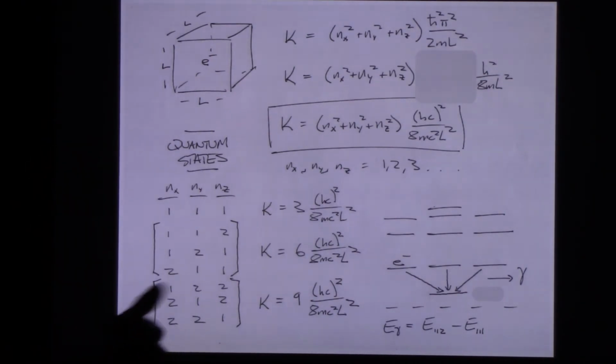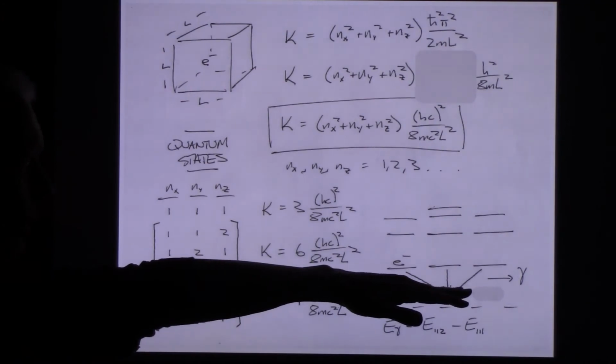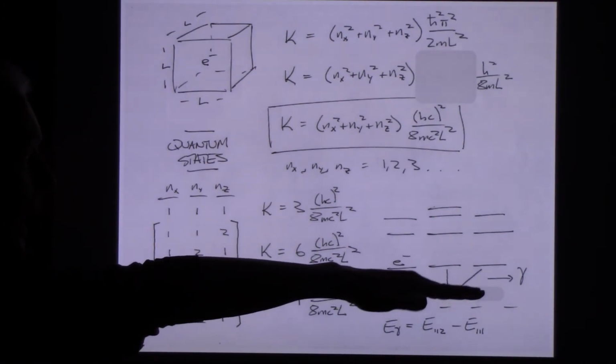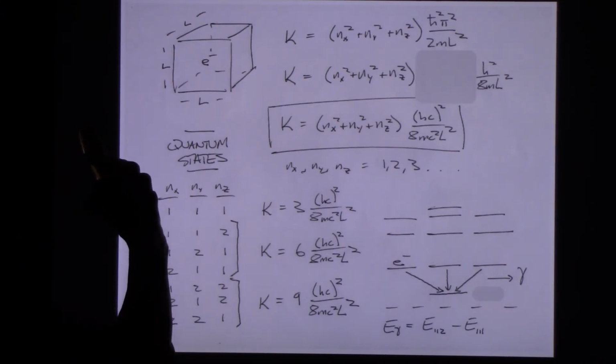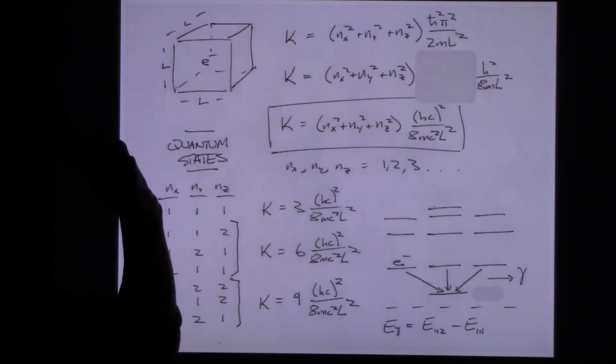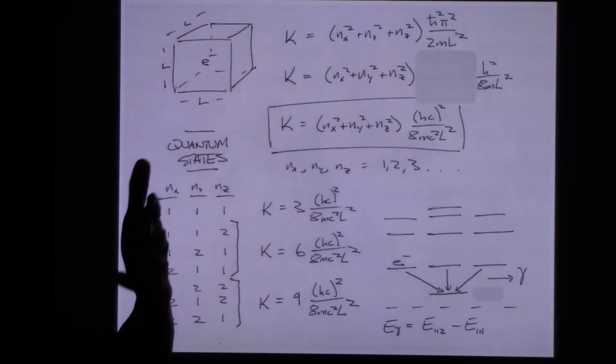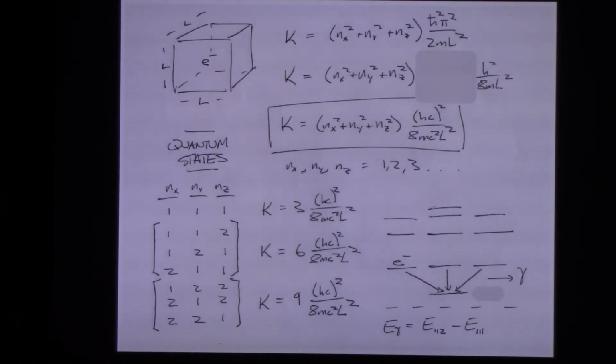Now compare that with the one-dimensional case. In the one-dimensional case, we had the lowest quantum state, and then there was only one more quantum state that was excited. The next excitation, there was only one quantum state of that energy, and it was 4 times as much. And then the next one was 9 times, and the next one was 16.